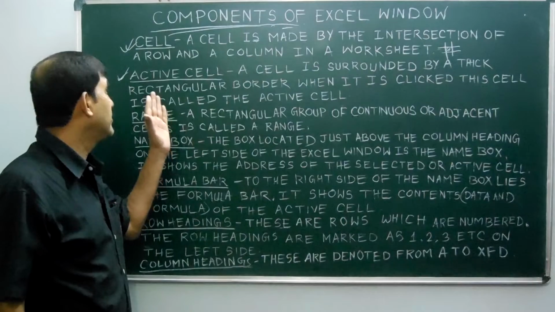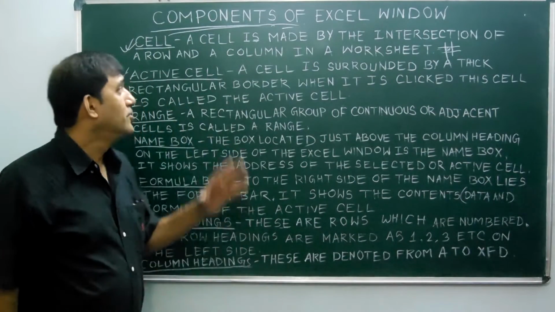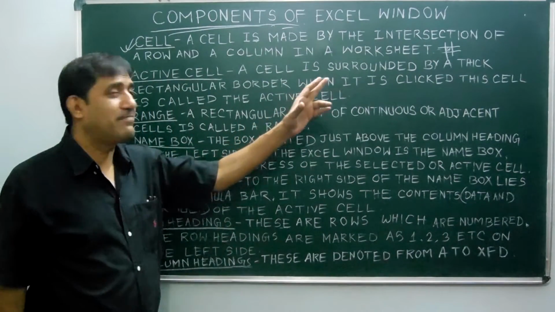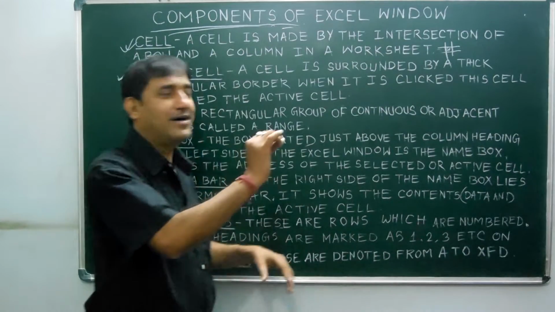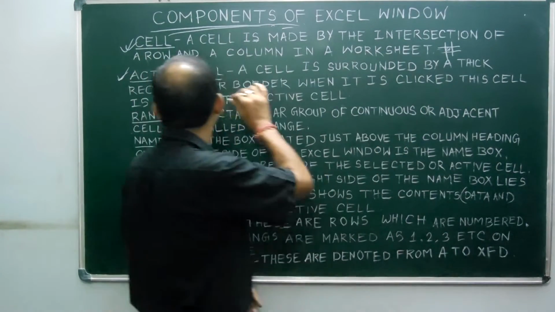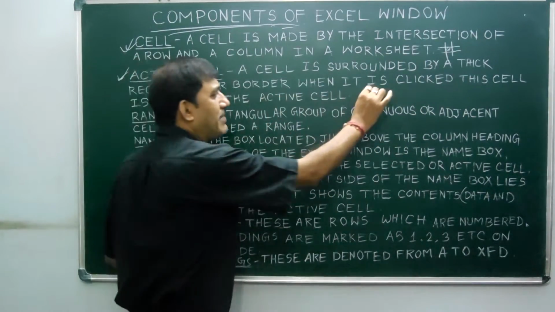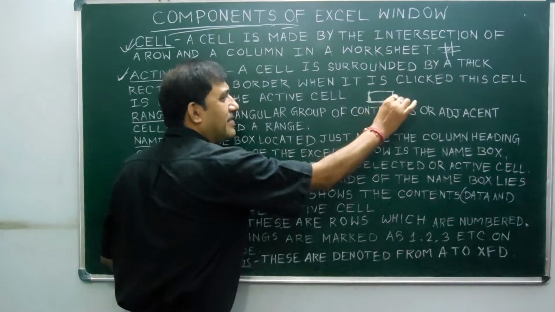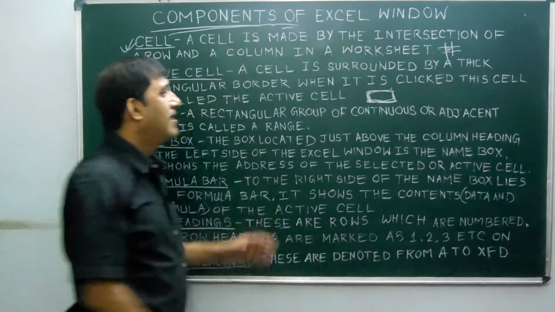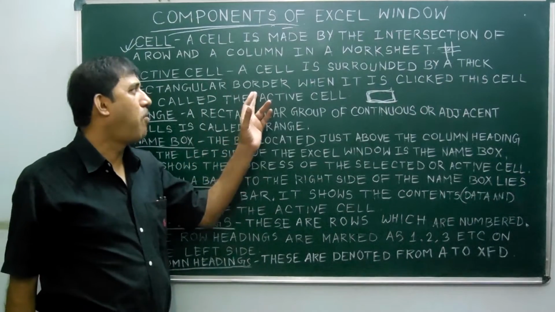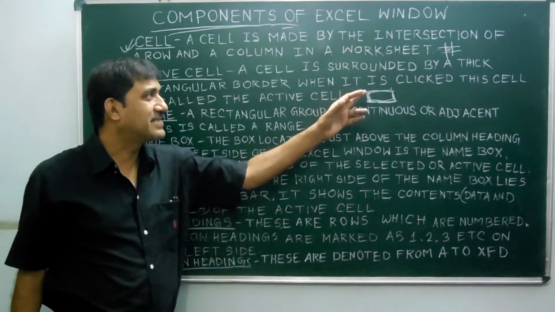Come to the next component, which is called the active cell. An active cell is a cell surrounded by a thick rectangular border when it is clicked.